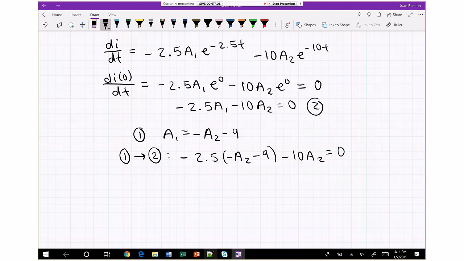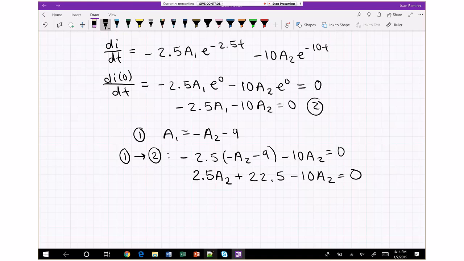We get positive 2.5 A2, and then plus, again, 9 times 2.5, which is what? 22.5. Minus 10 A2 equal to 0.